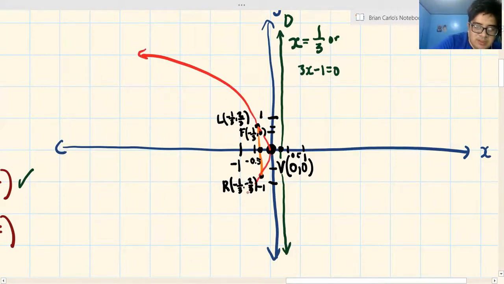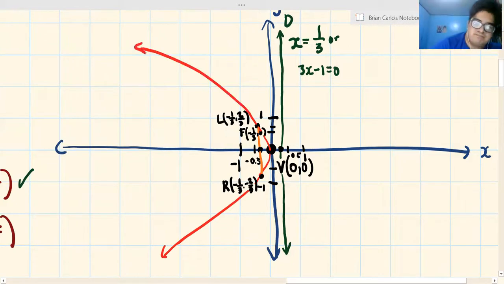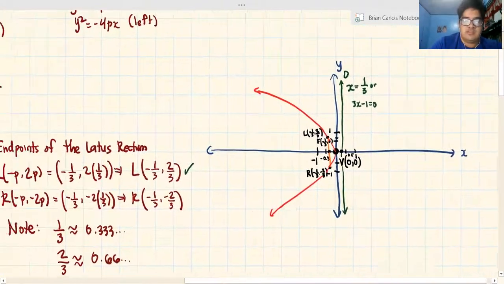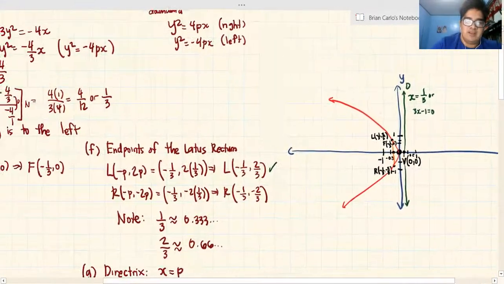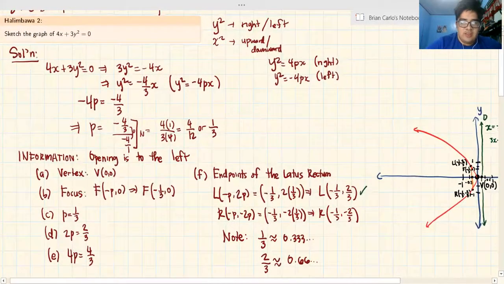Ang purpose naman, kaya mo inaalam yung latus rectum kasi para malaman mo kung gaano kalaki yung parabola mo. Medyo hindi ako natutuwa kung ano nangyari doon. So, ganito. Ayan. Medyo sloppy illustration. But I'm telling you, this is the parabola ng equation na ito. Diba? Nakikita nyo na.